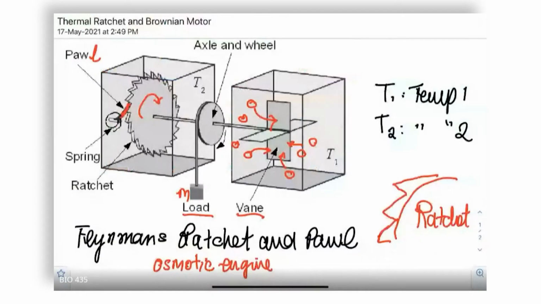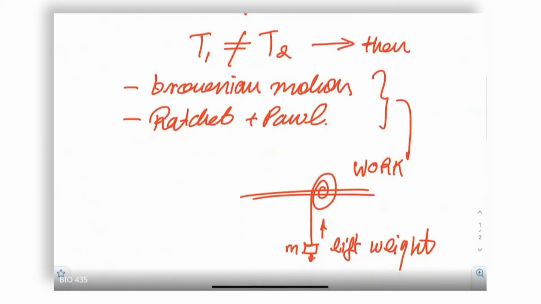So, I'm just going to continue maybe where I was. Suffice to say that only when T1 is not equal to T2, in other words, when there is a temperature gradient, can such a coupling of the Brownian motion with the ratchet pawl mechanism do work. This proof was provided by Feynman in theoretical work, and you can go back and refer to it.